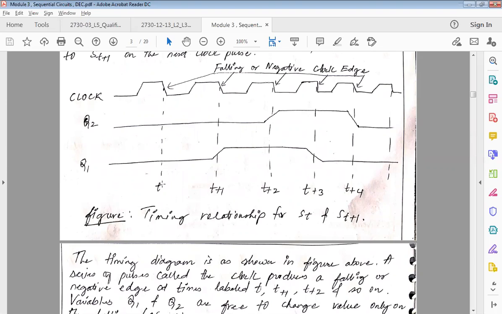Sometimes in your problems, they might ask you to use the positive edge of the clock, and in that case you will refer only to those edges. The reason we have to know the falling edge and rising edge is that we have to know at what instant of time the data is going to change.